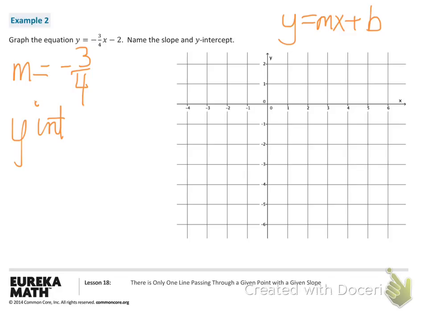So I kind of want to think of this -2 as plus a -2. So you can kind of think of it that way. So the y-intercept here is equal to -2.